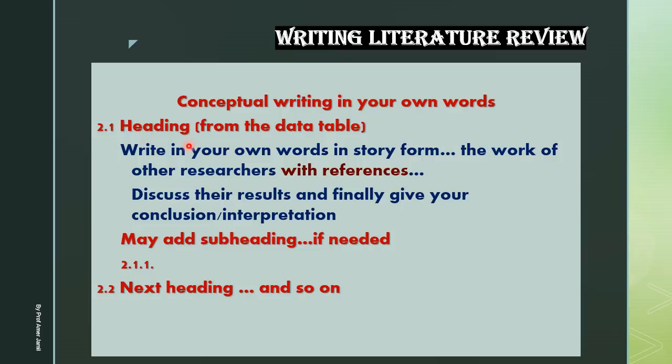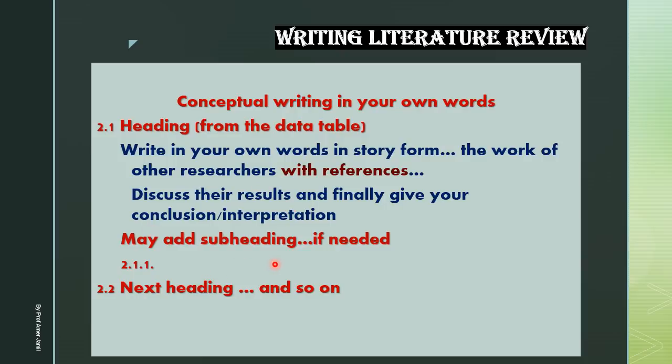For example, if you are writing a thesis on coronavirus, you may give the outbreak of coronavirus in the world. That may be your main heading, and using different abstracts, research papers, and review articles, you write in the story form.